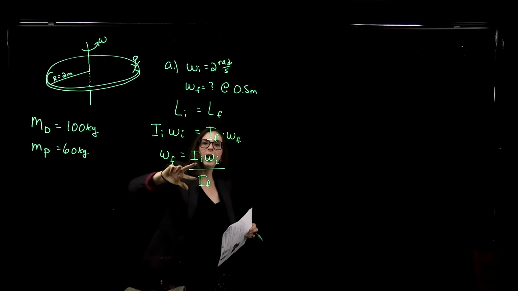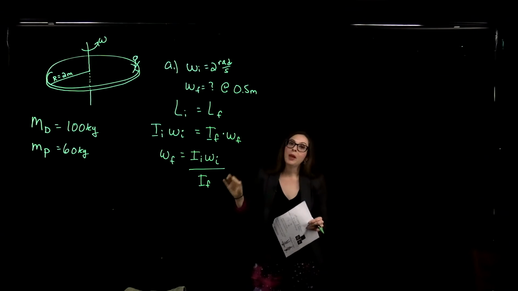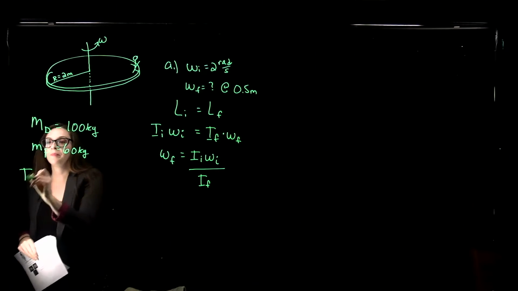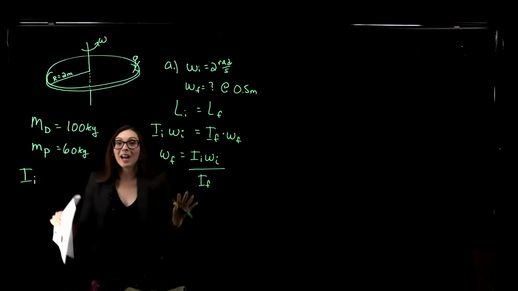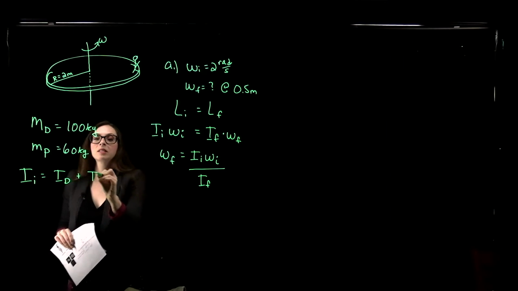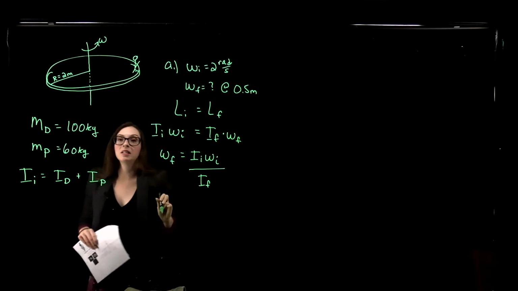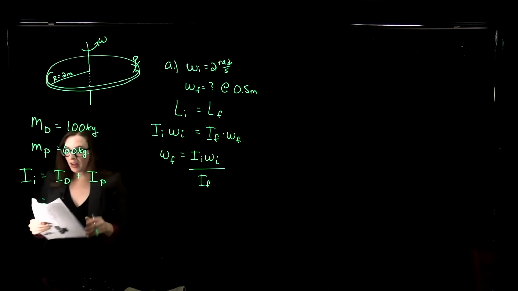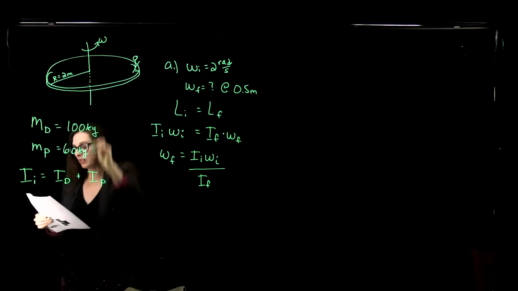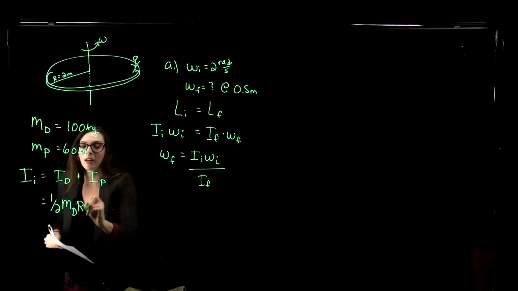We just have to figure out the initial moment of inertia of our system and the final moment of inertia of the system. So I'll do that over here. The initial moment of inertia of our entire system is going to be the moment of inertia of the disk plus the moment of inertia of the person when the person is out here at the end of the merry-go-round. So the moment of inertia for a disk rotating about a central axis is 1/2 times its mass times its radius squared.